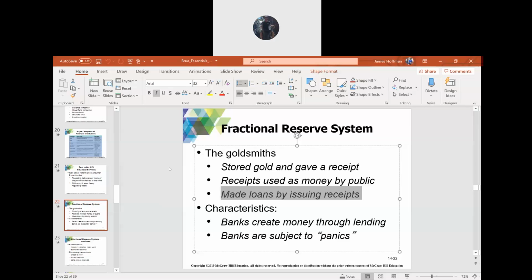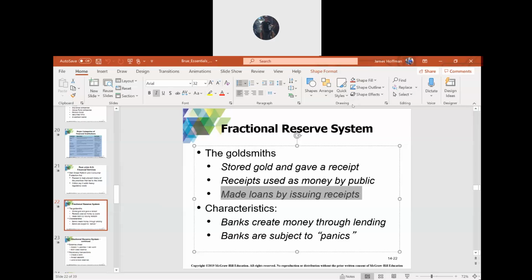Then eventually the goldsmiths, which became modern banks, realized that people didn't really want the gold. They just wanted the piece of paper that said you have this much gold. So they started issuing more loans as IOUs, receipts, or paper notes than they actually had. This started the fractional reserve system, because they realized that people just want the notes, which are easier to use, rather than the actual gold.